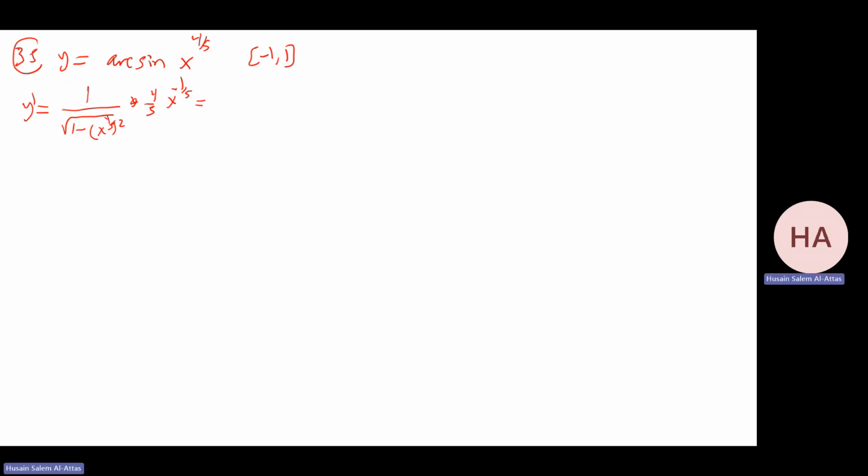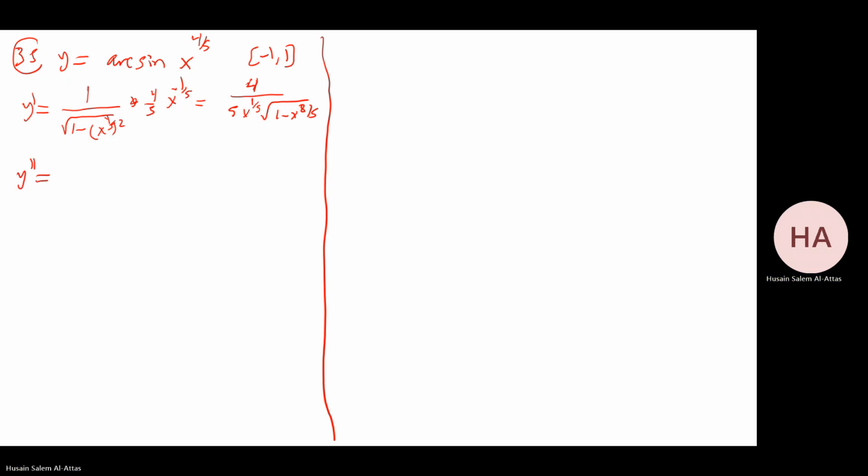In other words, that will be what? Yeah, you need to rationalize it. No need. I have 4 over 5, x to the minus 1 over 5, times square root of 1 minus x to the power 8 over 5. That will be y prime. Okay. Y double prime, or f double prime.